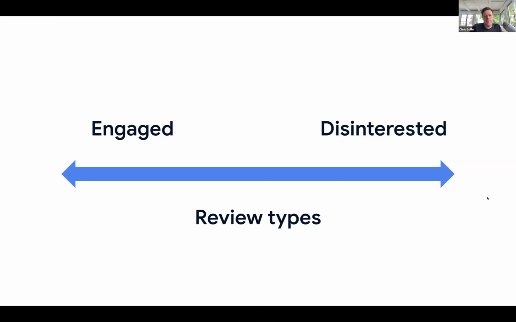The next thing is review types. I've definitely been on teams where people are highly engaged, right? They want to be part of the discourse. They want to be part of this collaboration, and they're very engaged. And so the way that you go through this cycle, even things like the identification and discourse of the decision-making for that document, ends up being highly engaged. But there are other times where people are very disengaged.